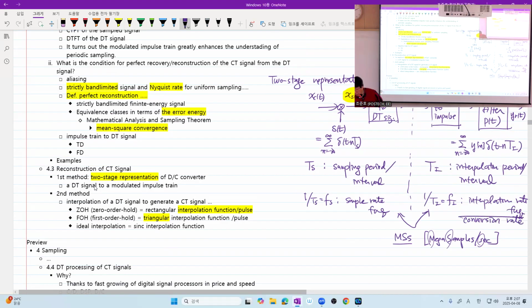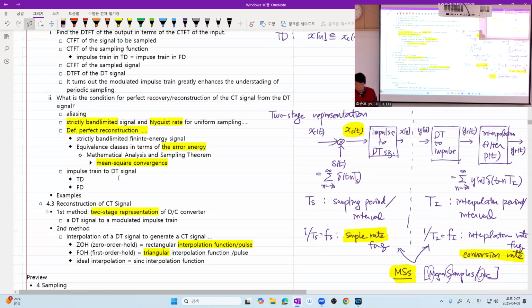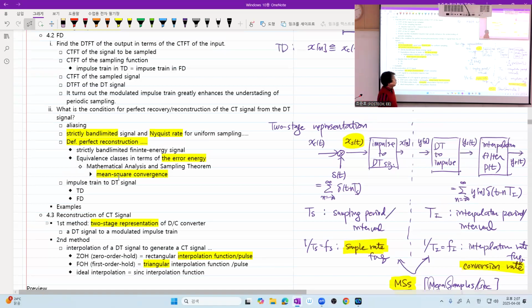So you'd better remember these two, sampling rate and conversion rate. These days, both have mega samples per sec, or if you want kilo samples per sec, something like that. So you have exact parallel here and there, but there is a slight difference. So explicitly, here you have impulse trains, but there is no unmodulated impulse train here.